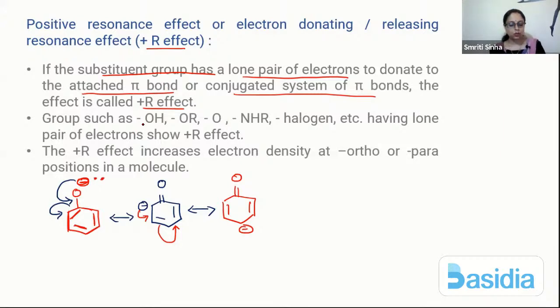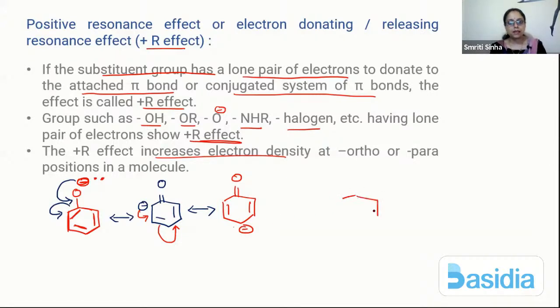The groups which show this plus R effect are OH, OR, O negative, NHR, halogen, etc. Remember, plus R effect increases electron density at ortho and para positions.